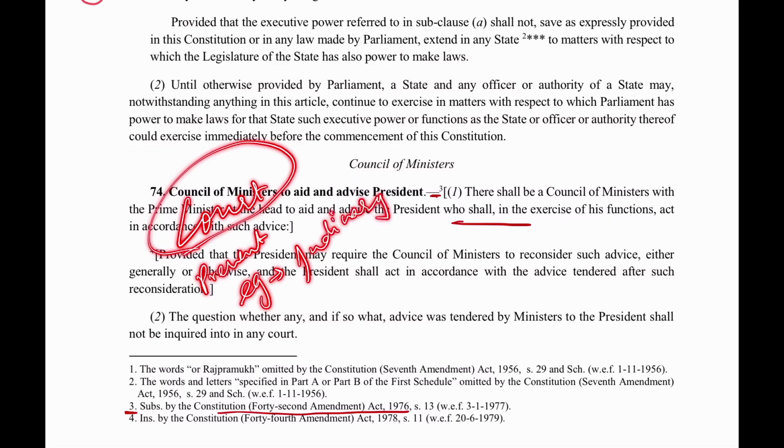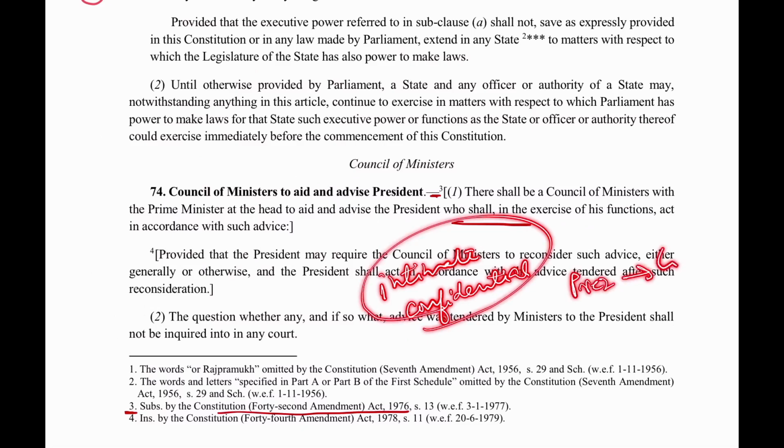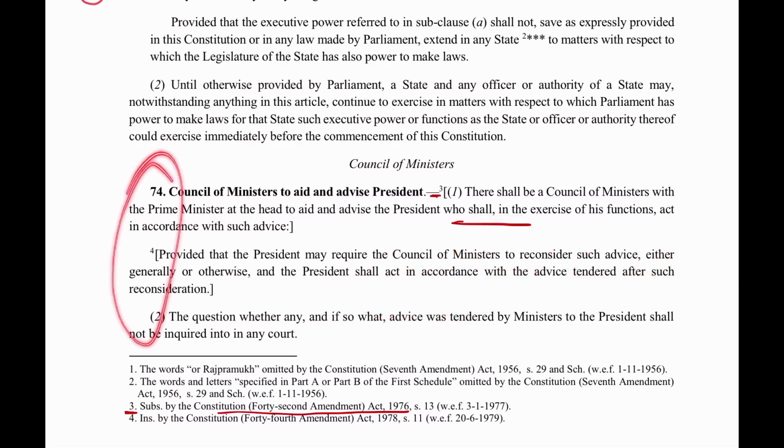The judiciary is prevented from intervening in this executive matter: whatever advice the President gets from the COM, that question will not be inquired into in any court. And this shows the intimate and confidential relationship that exists between the President and the Council of Ministers. Right? So these are the details for 74.